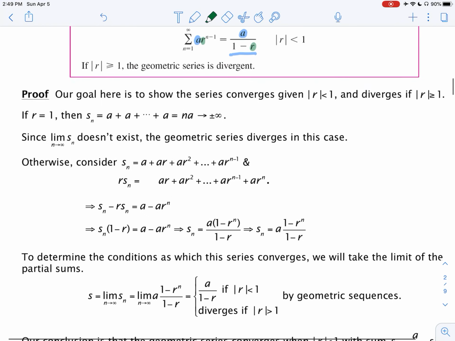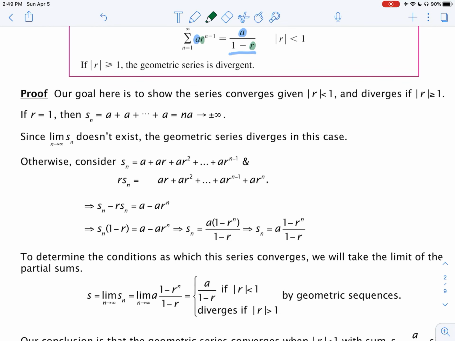So if you read through the proof, they're trying to show that the sequence of partial sums actually goes to a finite limit. And if r is bigger than 1, then it would go to infinity. So here we see that we're using this case as long as the absolute value of r is less than 1. Right?